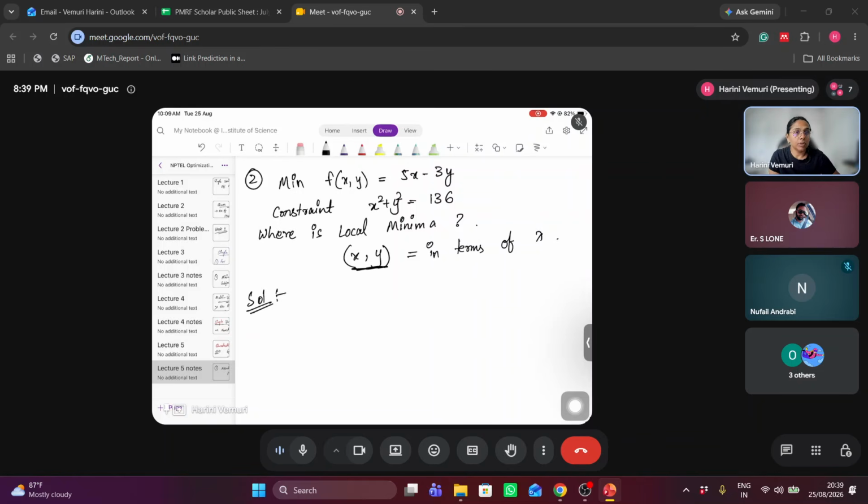Where does the local minima exist? That's the Lagrangian, right? You told me L of x comma y comma lambda is equal to 5x minus 3y, okay, plus lambda 1 times 136 minus x square minus y square. Right? This is what I want, the x comma y values where the local minima exists.